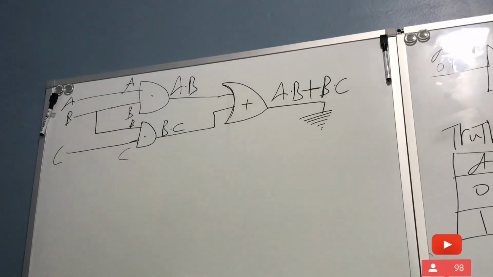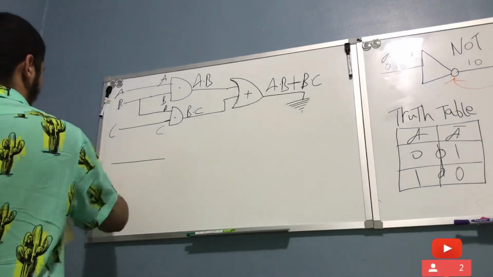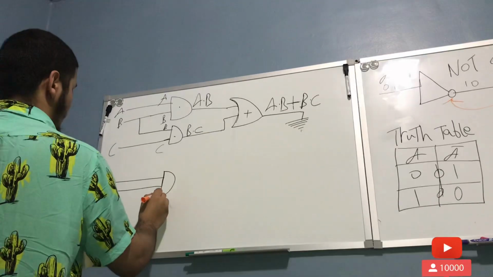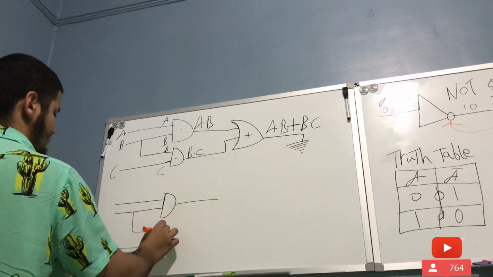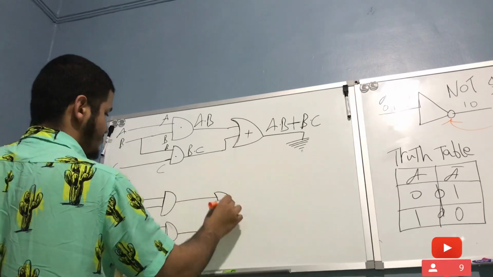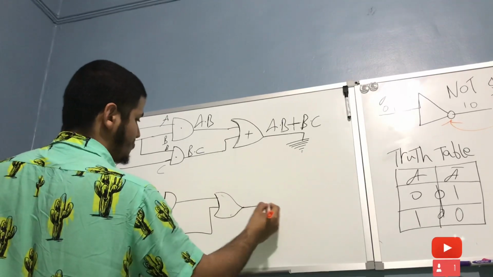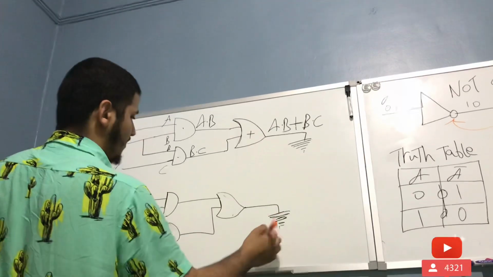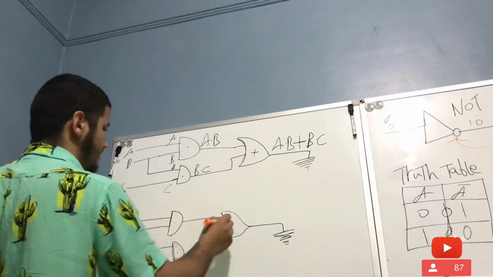For example, if you want to design with zeros and ones, let's do here 0, 1, 1, times, plus.